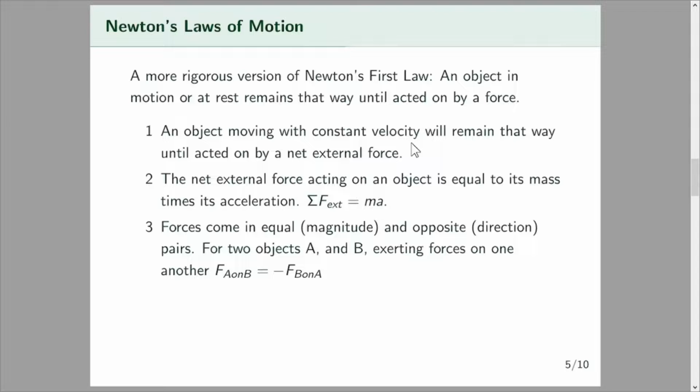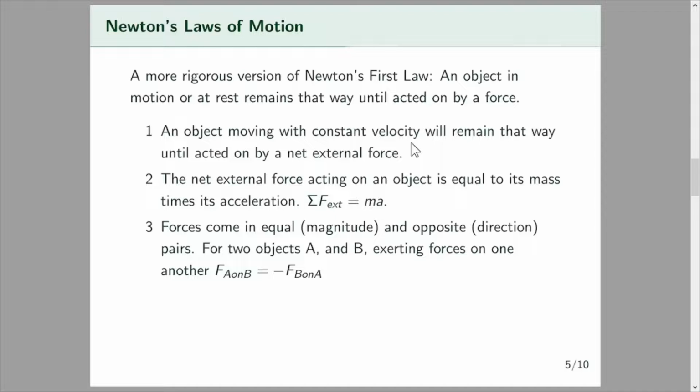If the net force is zero, then it'll just keep doing what it's doing. There could be two forces acting on it, just like the car in the rain. It'll keep sitting there if the two forces acting on it cancel each other out. Right? The forces have to be acting from the outside. Internal forces don't cause things to move.